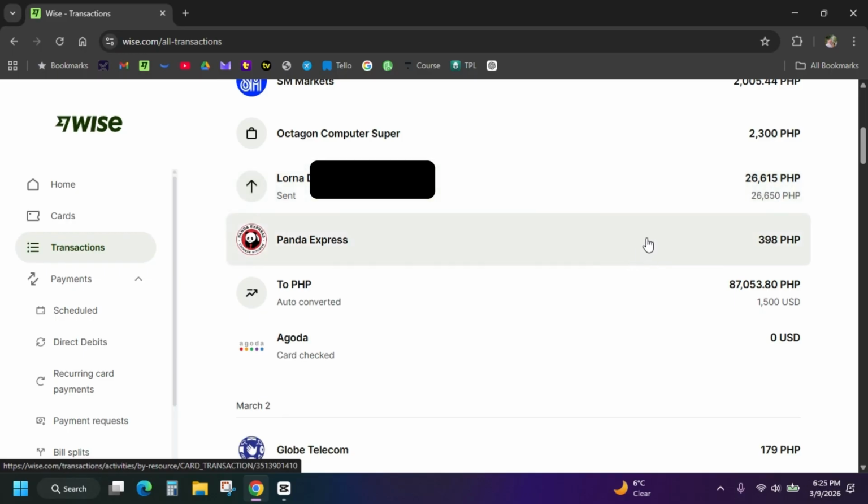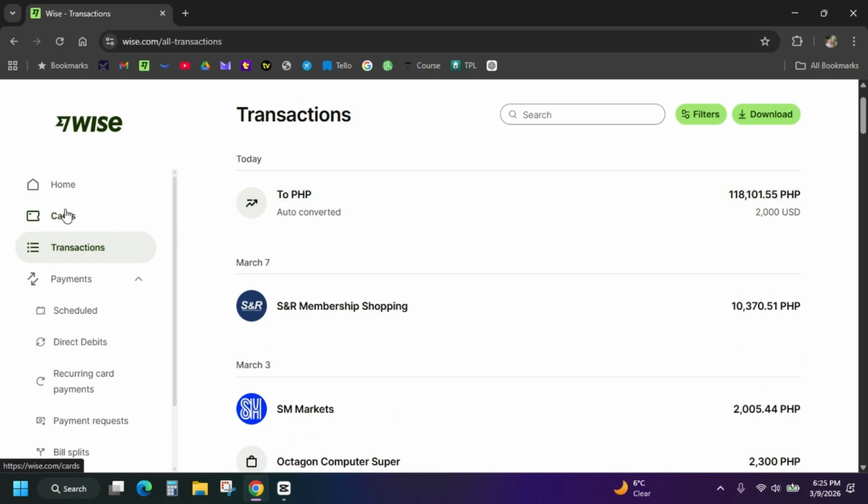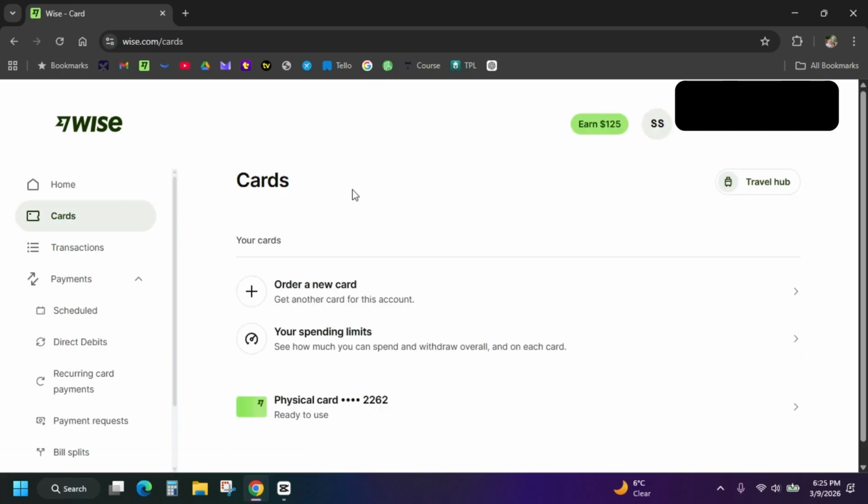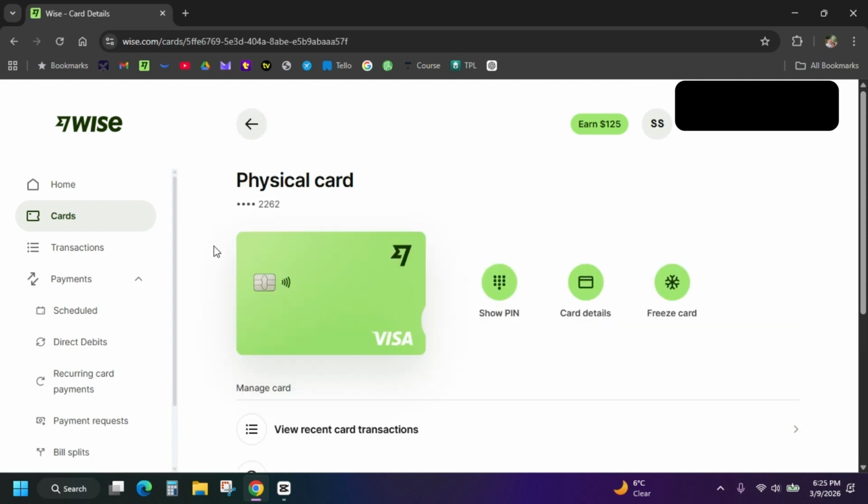With my Wise card, I can simply go to an ATM and just put it in, just like any other debit card, stick it in there. The local ATM will recognize it as a foreign transaction, and they will charge you a $2.50 transaction fee for being an overseas bank.